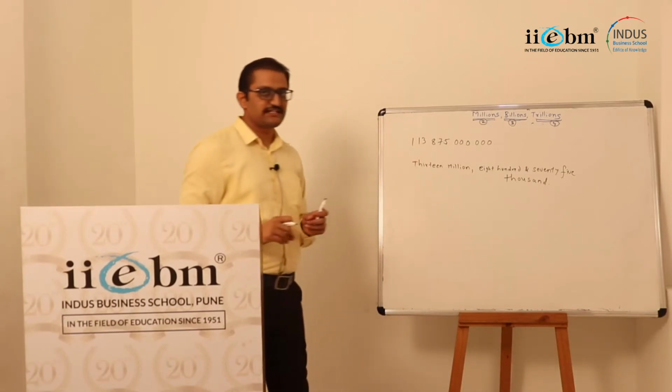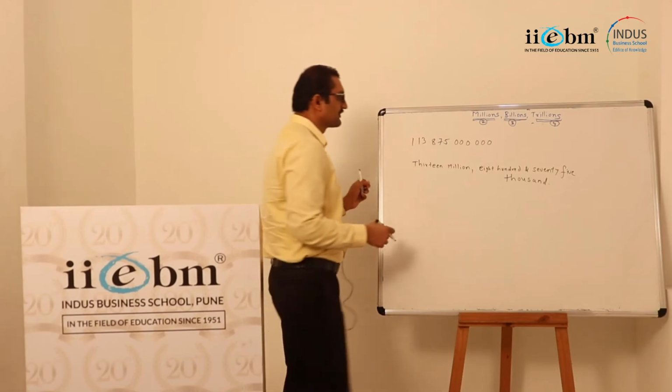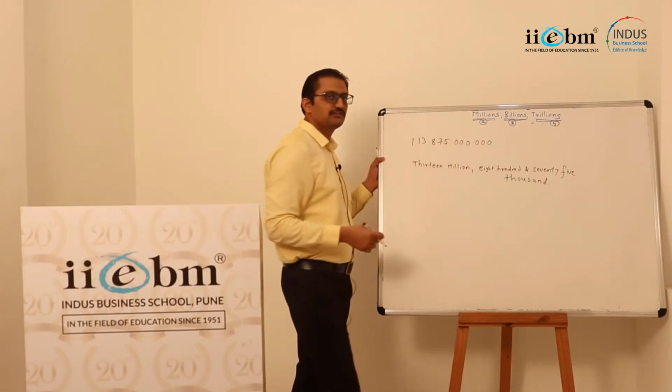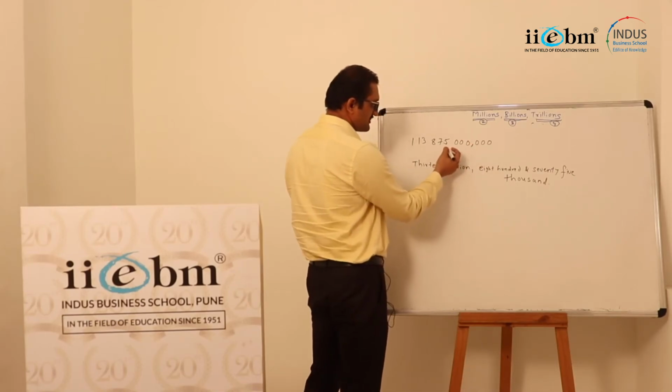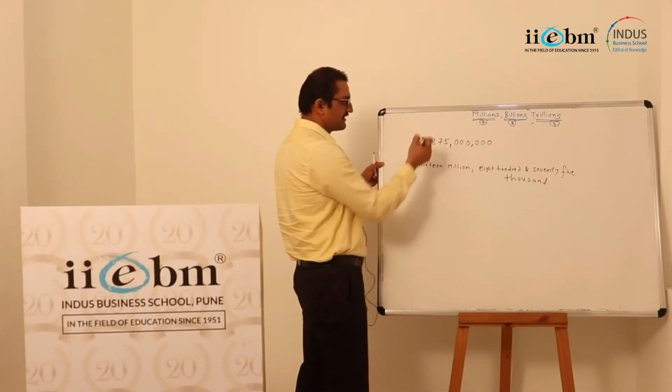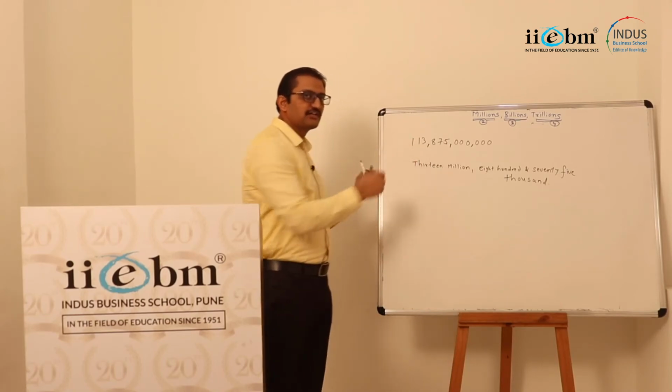Suppose I have this kind of number, so I have added a few digits. Now let us group them based on a count of 3. This is my first, this is my second, and this is my third. I cannot place a comma here because we don't have any further number.